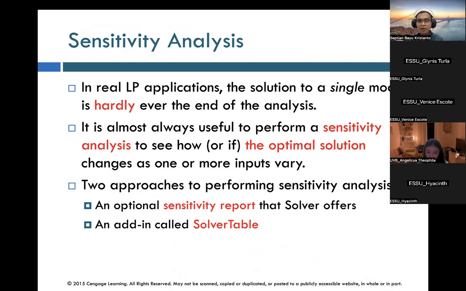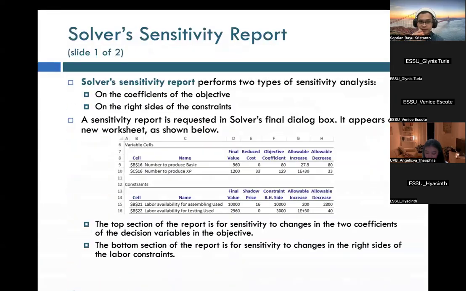In this case, I will show you two ways of performing sensitivity analysis. We could make comparisons using the sensitivity report, or you can use Solver tables that accompany the Microsoft Excel functions.